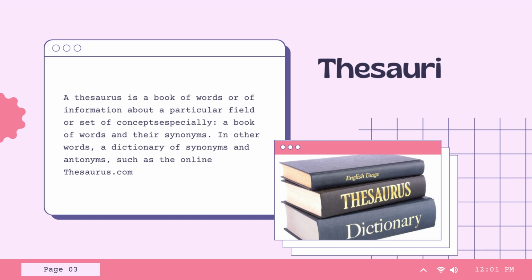This type of dictionary is going to help you when you are trying to find a different word, I mean, to avoid repetition, when you're writing an essay, a summary, or maybe a paper for the university, or for any other reason. So it's necessary that you know that this type of dictionary exists.